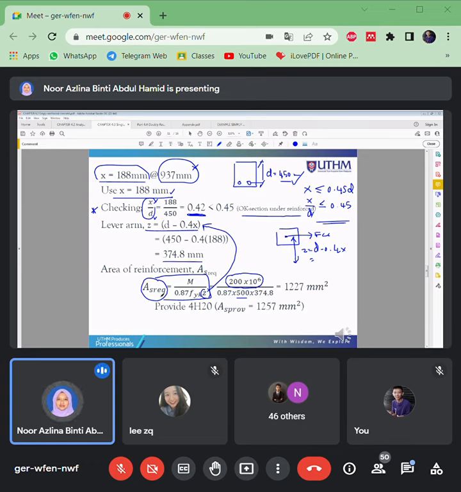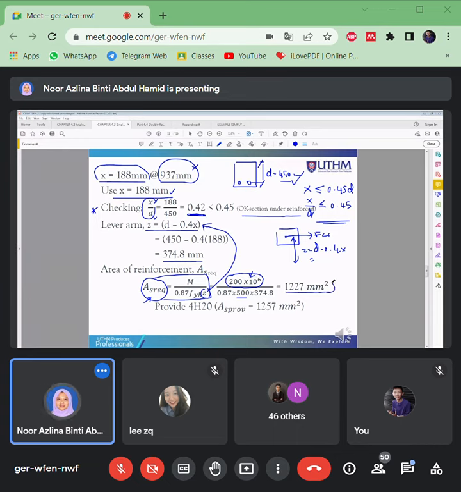So you will get the value of AS required. This AS required is 1227 mm². The area that you must provide, it is compulsory at least according to this AS required in order to support this moment of 200 here. Okay, so 1227.